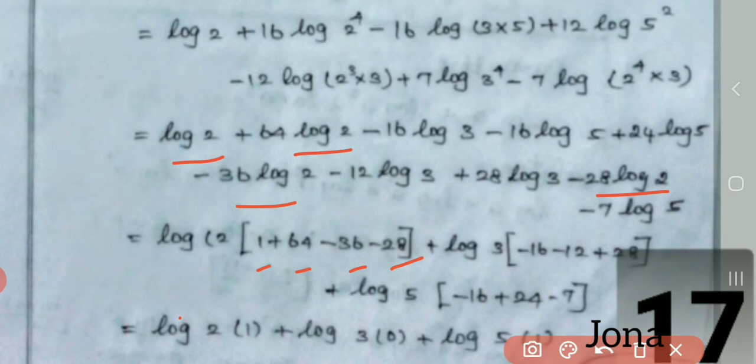And then group the other log 3 terms. Here log 3, here log 3 and here. That's all. So I want to group the log 3 terms here and then log 5. Log 5 is here and then here and then here also. So group these 3 terms for log 5.